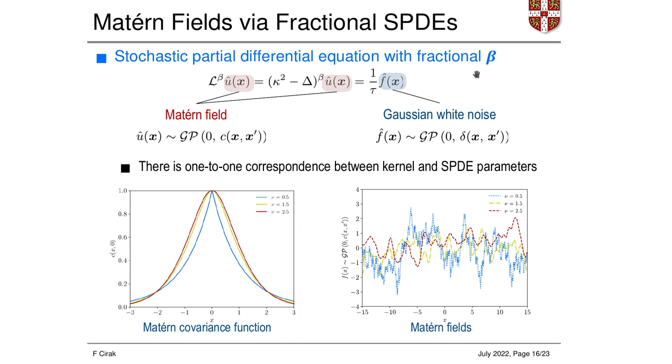For example, the fractional order beta is related to the nu parameter of the Matérn kernel. Now, recall that the nu parameter controls the smoothness of the random samples. So when we increase the value of nu, you can see that the Matérn covariance function changes and the samples actually get smoother.